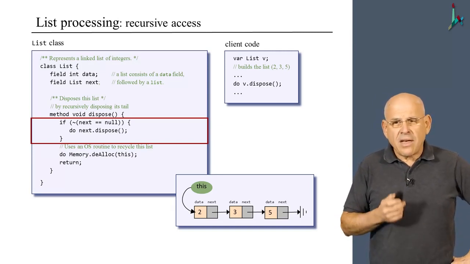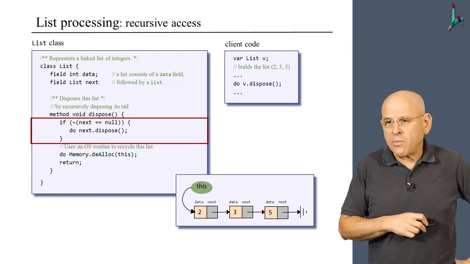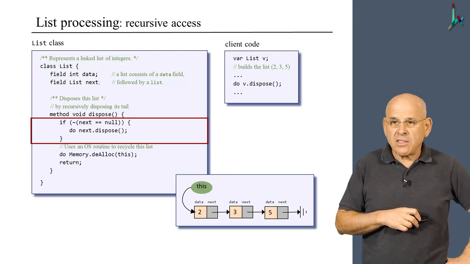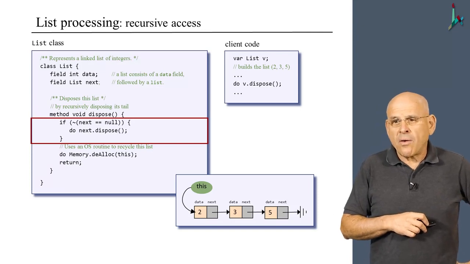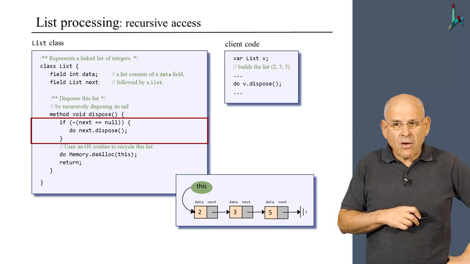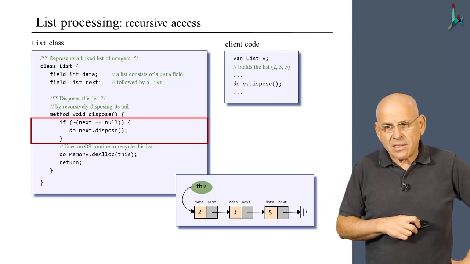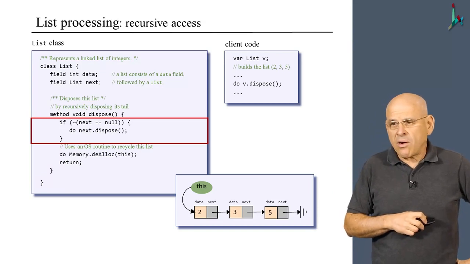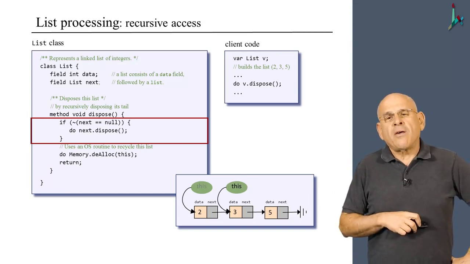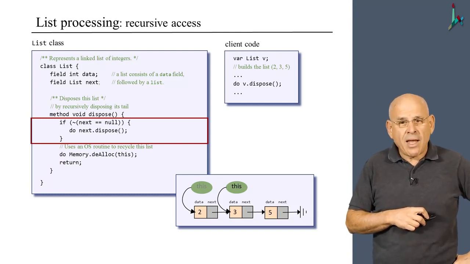Now what is next? Next is the field of the current object, right? Well, next of the current object is not null, so we have to do dispose. But the dispose now is applied to the tail of the list, which is represented by next. So now, when we get into this level of the recursion, this now points at the tail of the list.